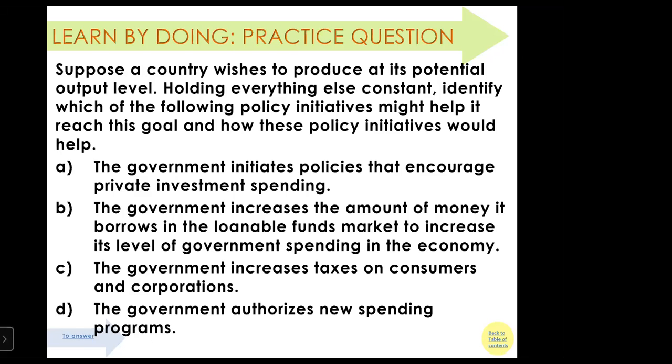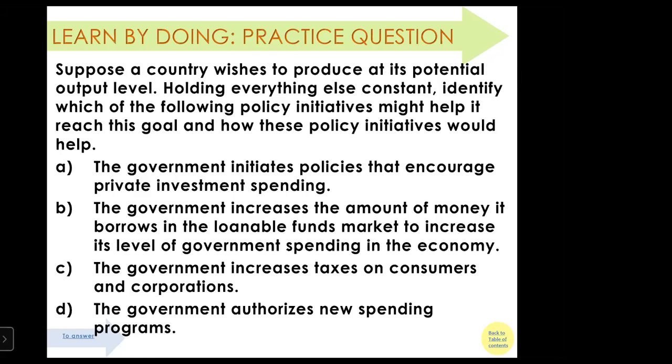Now we go to B. The government increases the amount of money it borrows in the loanable fund market to increase the level of government spending in the economy. So B will cause the aggregate demand to increase or shift to the right, unless the increase in government borrowing crowds out private investment.